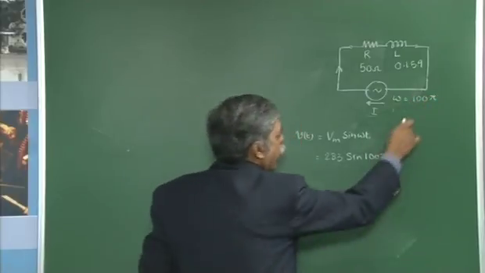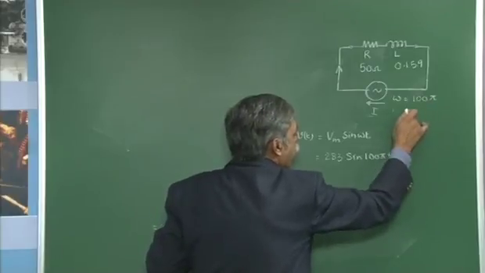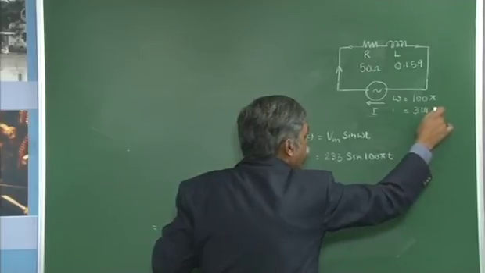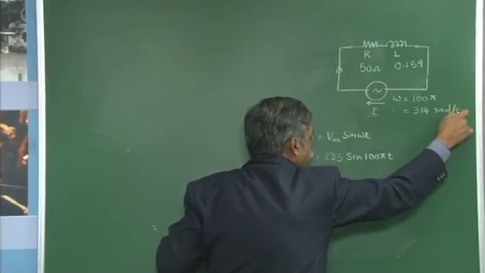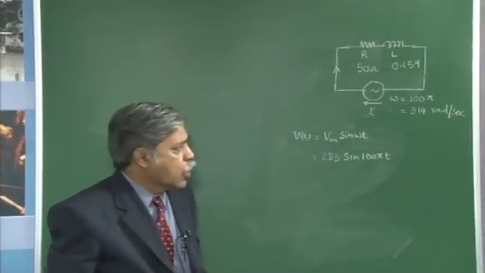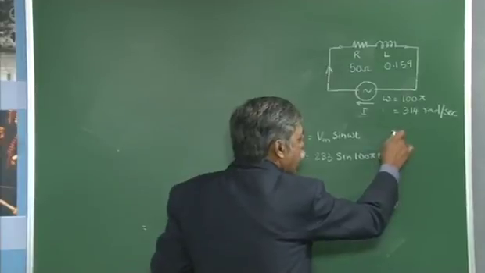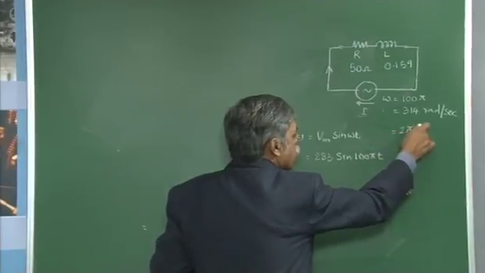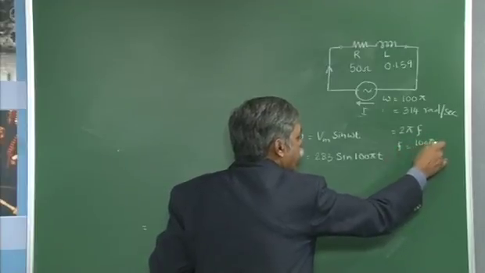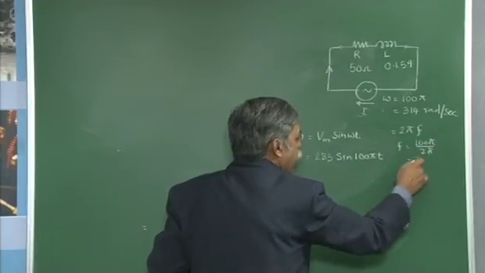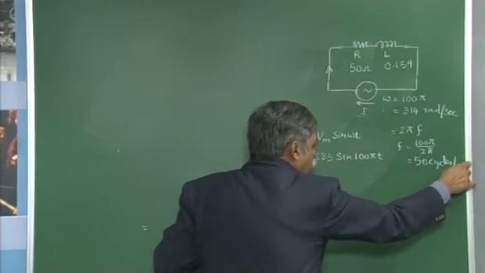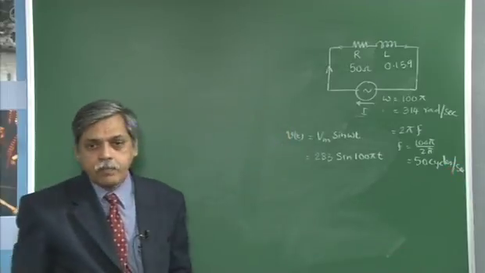Omega is equal to 100 pi means, with pi value of 3.14, I will be getting 314 radians per second. This is my angular frequency omega. Now I can also write omega is equal to 2 pi f. So f will be equal to 100 pi divided by 2 pi, I will be getting 50 cycles per second or 50 hertz I can call, okay.